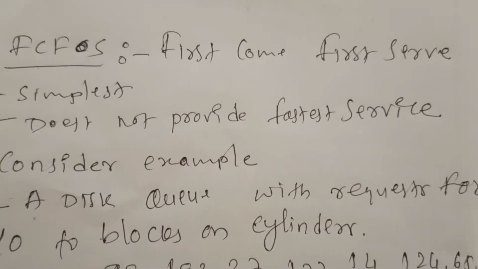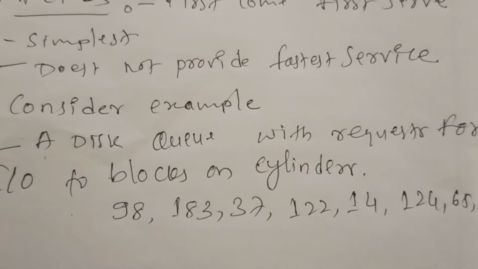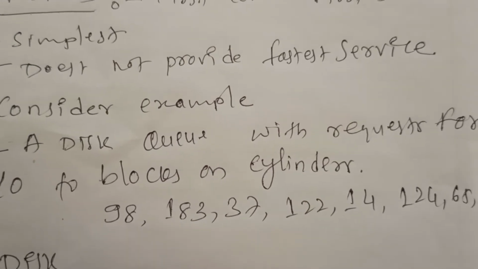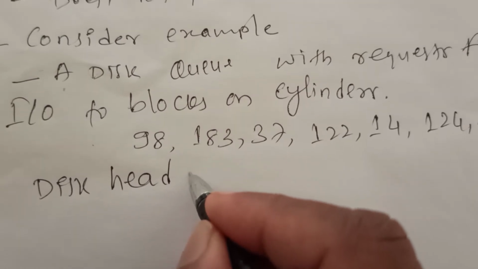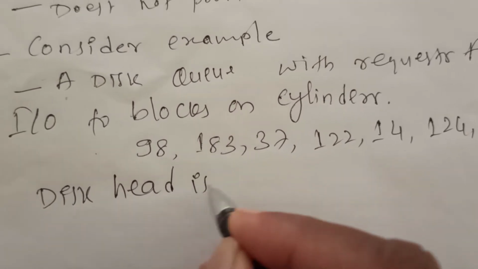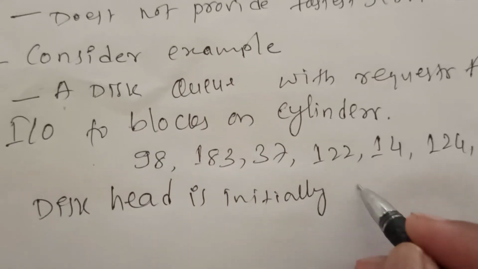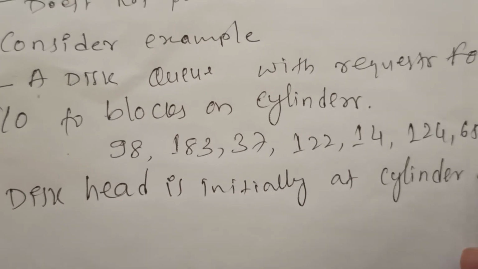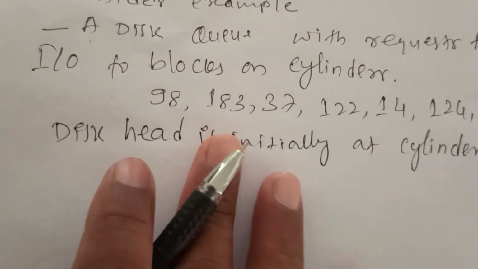This is the sequence of requests that arrived and are pending in the queue. We are going to service them one by one, assuming that the disk head is initially at cylinder 53.